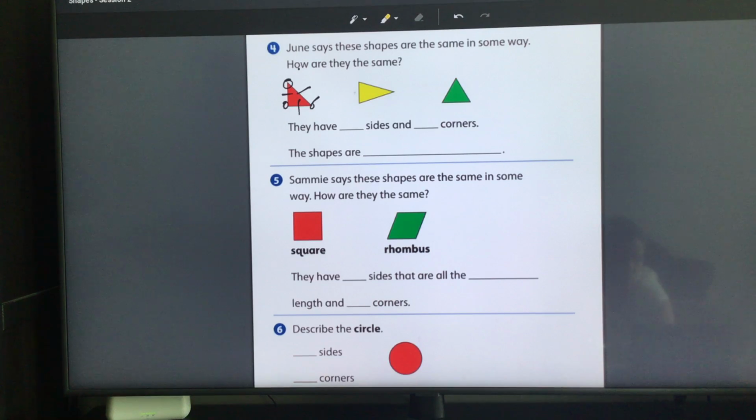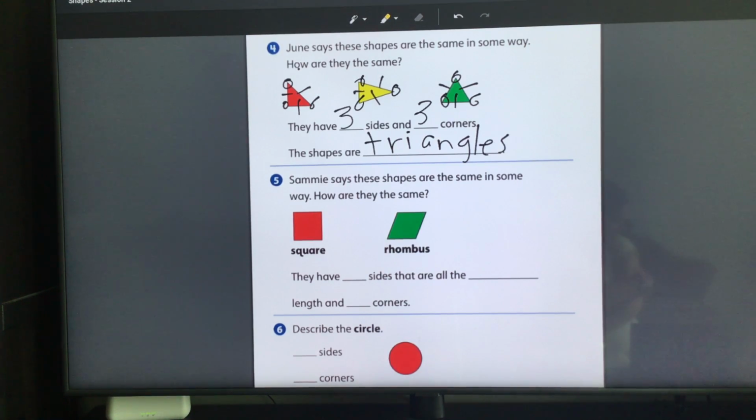The yellow has 1, 2, 3 sides and 1, 2, 3 corners. The green has 1, 2, 3 sides and 1, 2, 3 corners. So they have 3 sides and 3 corners. And these shapes are called, I hope you said, triangles. A shape that has 3 sides and 3 corners is a triangle.